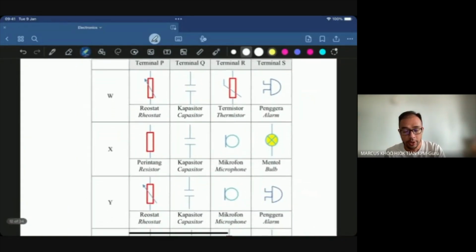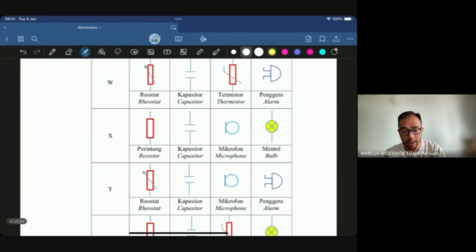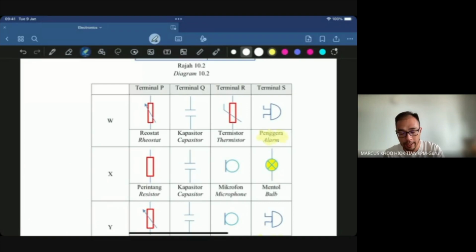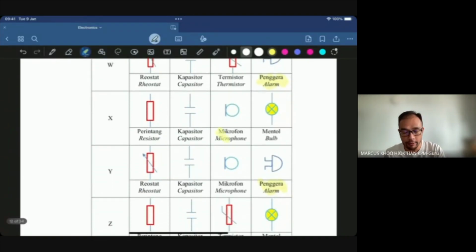So what we need obviously is an alarm, a trigger, and a microphone, because babies will cry. These are the essentials that you must have: a microphone and an alarm.